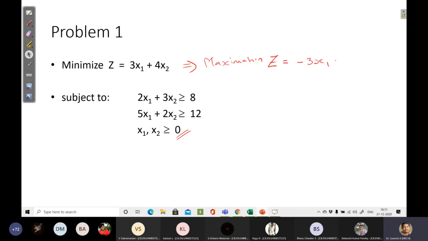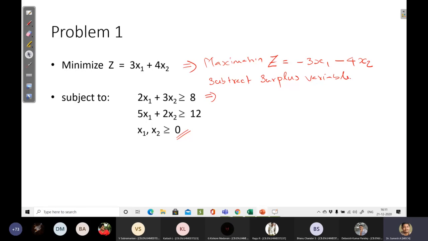Now in the case of the constraint, since it is greater than or equal to, you have to subtract a variable called the surplus variable.